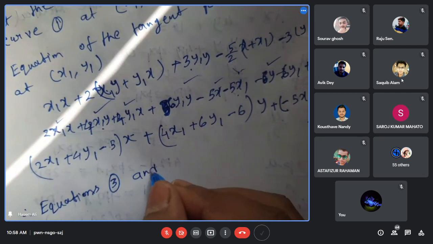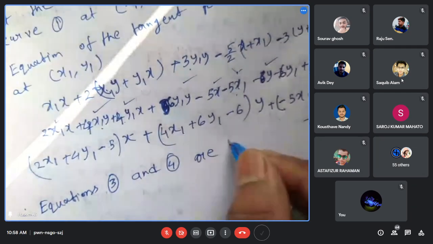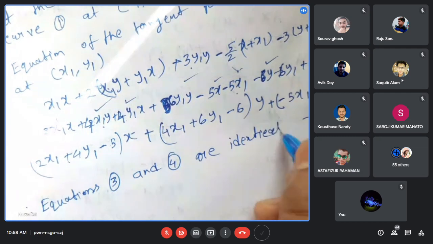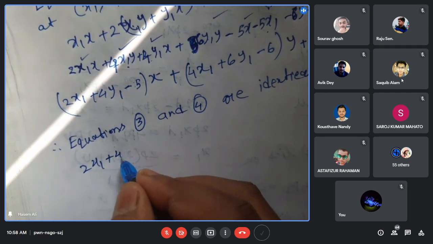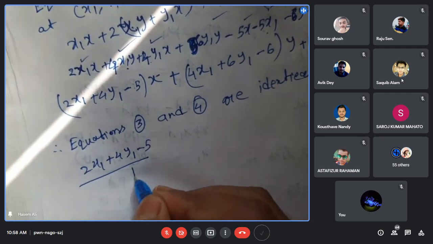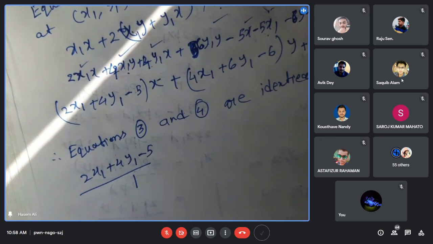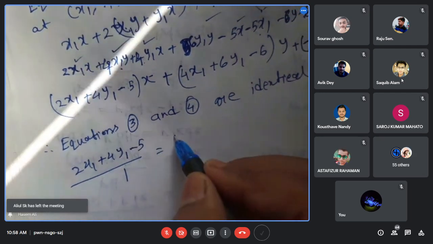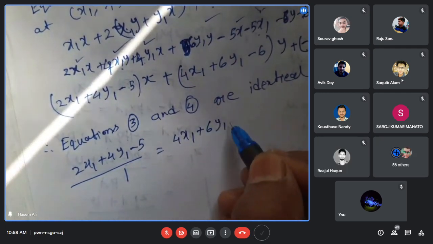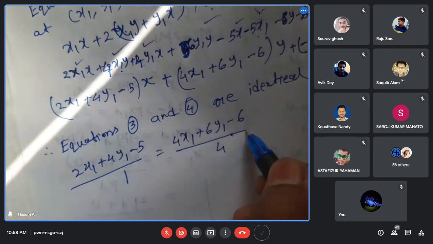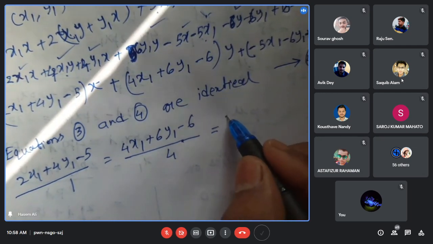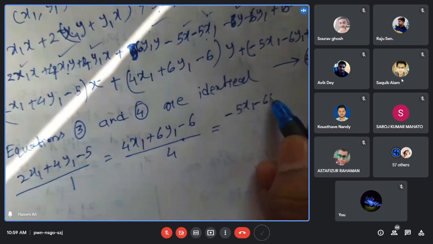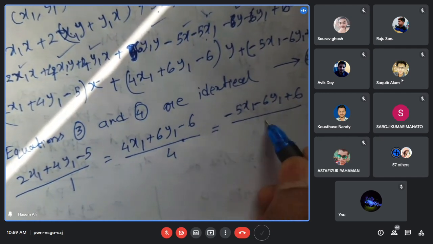So we have 2x1 plus 4y1 minus 5 divided by 1 equals to 4x1 plus 6y1 minus 6 divided by 4, and this is equals to minus 5x1 minus 6y1 plus 6 divided by k.